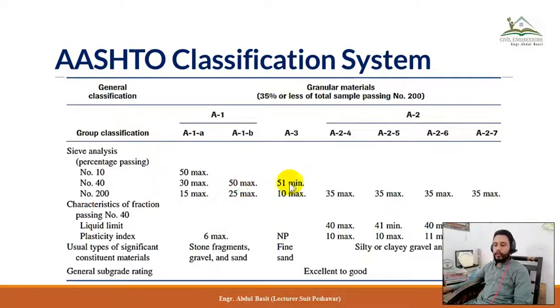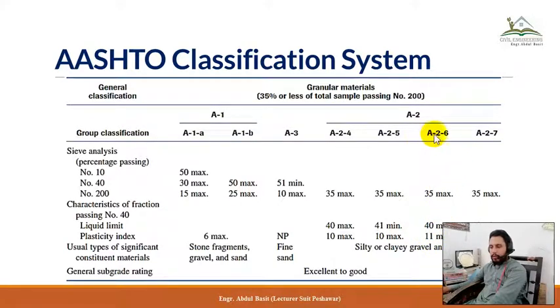Again moving on, this is 51 minimum, it is not okay. Again moving on, there is no condition for the first two. 35 maximum, it is okay. For number 40 and number 10, we have 10 maximum, and 20 is given over there, not okay. 40 maximum is okay, and this one is 11, and this is 35.